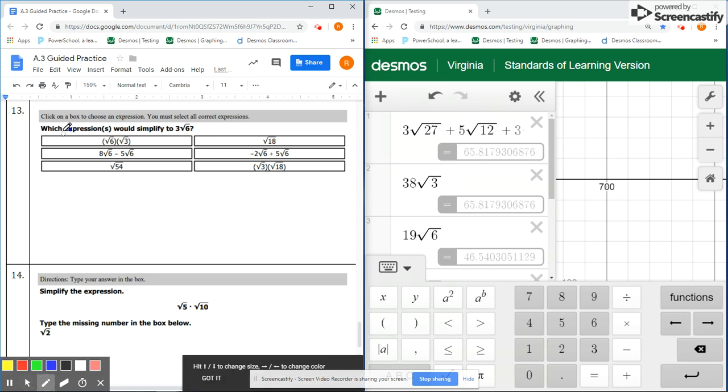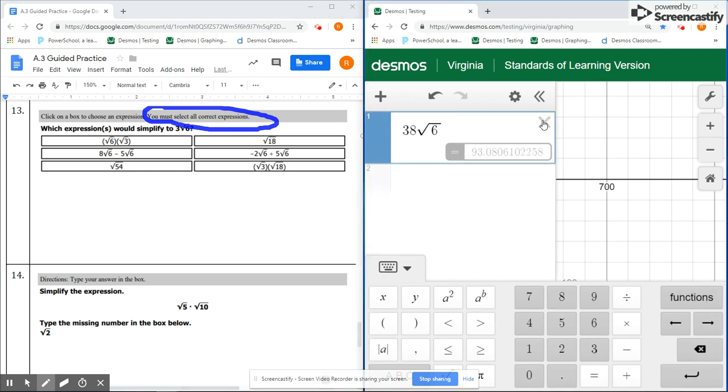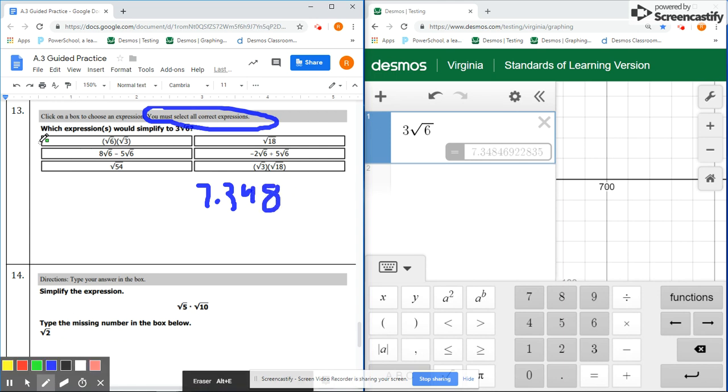13, click on a box to choose an expression. You must select all correct expressions, so there could be more than one answer. Which expression would simplify to 3 root 6? All right, so quickly on Desmos here, we have 3 root 6, which is 7.348. All right, so we need to check each of these boxes and see which ones are 7.348.